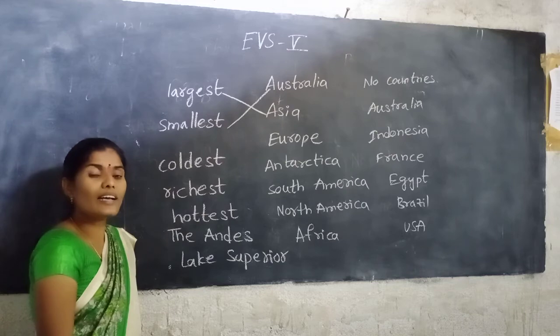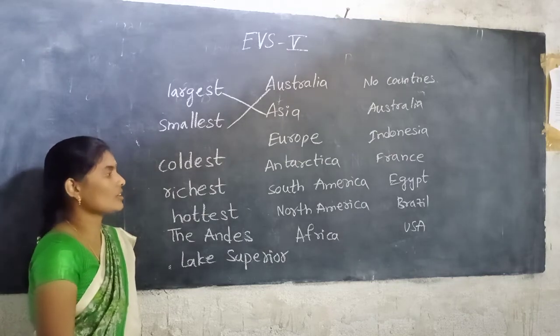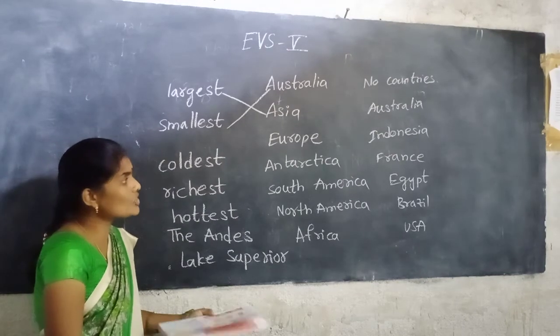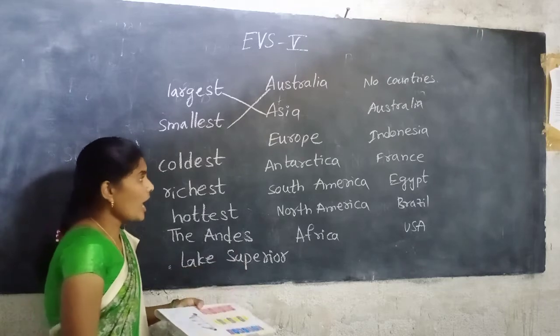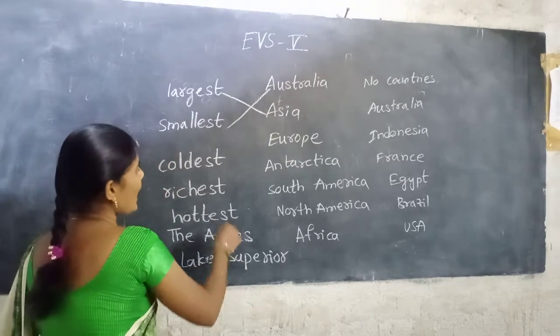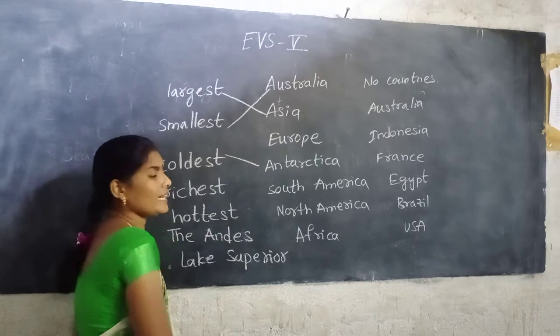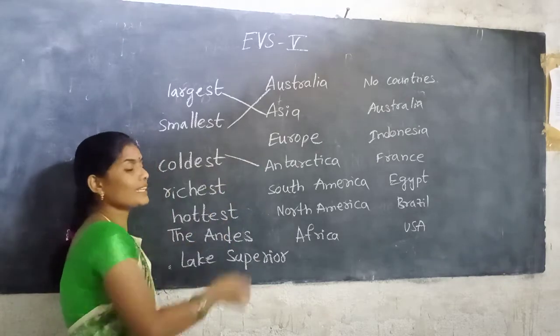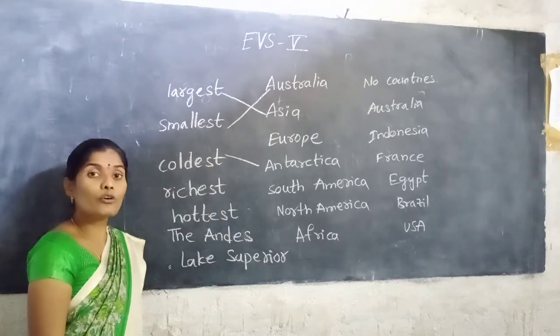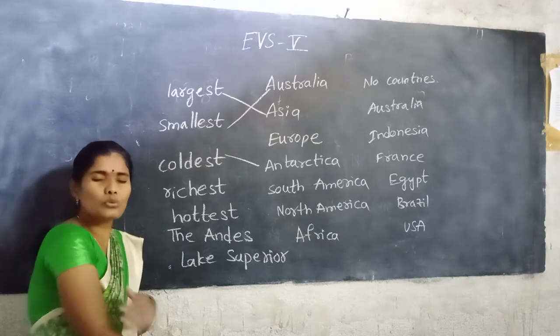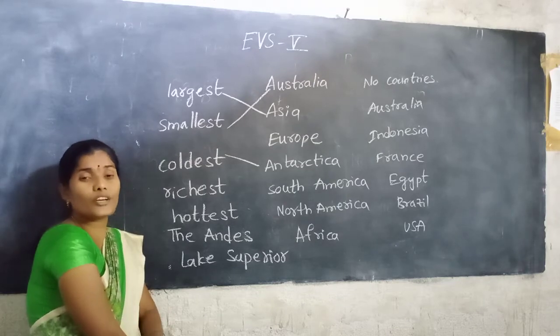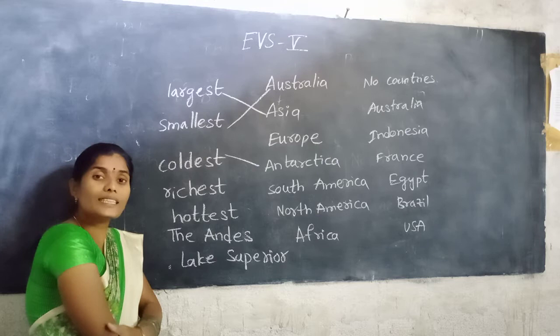What is the coldest continent? Antarctica is the frozen continent. It is too cold. Nobody lives in that continent.